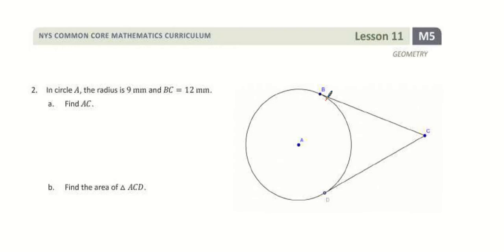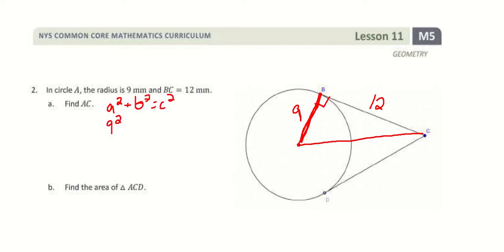Okay. So in circle A, the radius is 9, so that's the length of AB, and we know the length of BC is 12. We want to find AC if we draw this out. So just remember the tangent line here is perpendicular to the radius. So this line of 12 is perpendicular to the 9. And then we can just use some good old Pythagorean theorem here. So a squared plus b squared is equal to c squared.